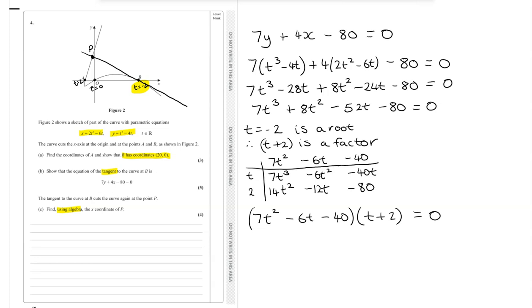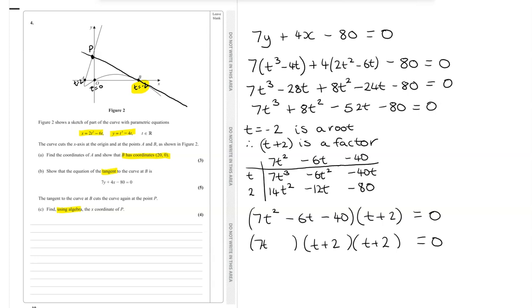You can put it in your calculator and you'll see that you get 2 roots here, and then you can fudge it by showing the fully factorised form. There are actually only 2 places where it crosses, so you do know that you're going to get a repeated root as well, and that repeated root is going to be the t plus 2.